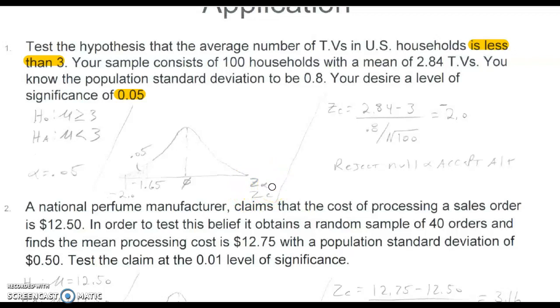Next thing we need to do is find our computed z. To do this, we use our formula. We know that the sample mean is 2.84 TVs.